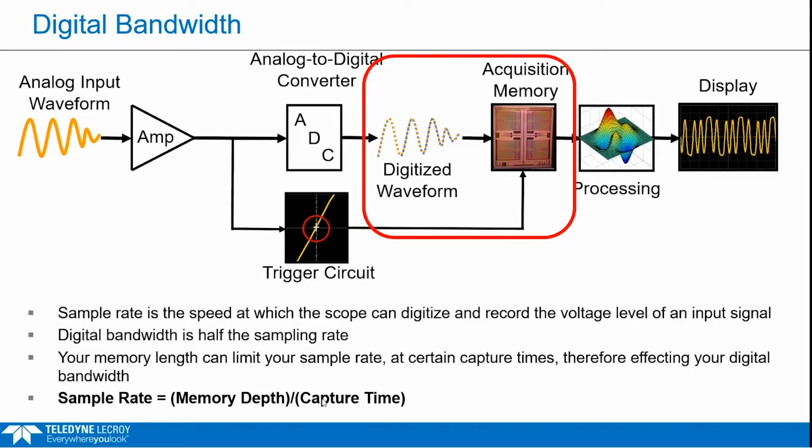So whatever that time window is, time per div times 10 divisions would be your total capture time. And if you look at your memory length, these two define that ratio, the sample rate. So you either have to reduce your capture time to maintain your sample rate and therefore maintain your digital bandwidth, or you have to increase your memory. And that is very important to do.